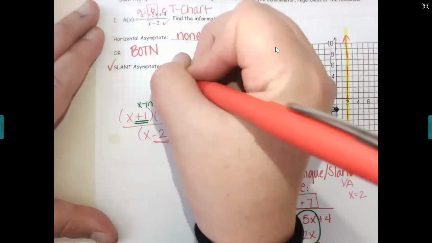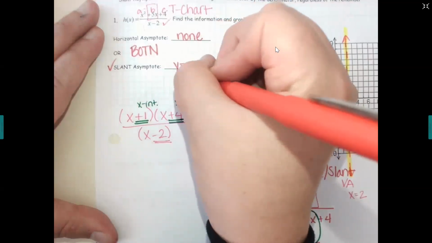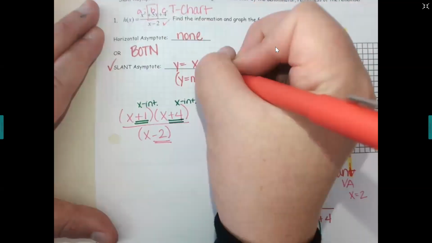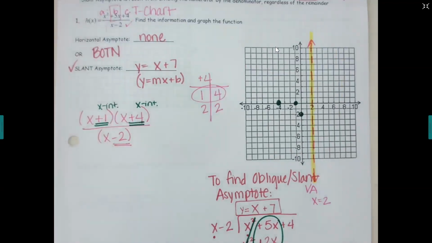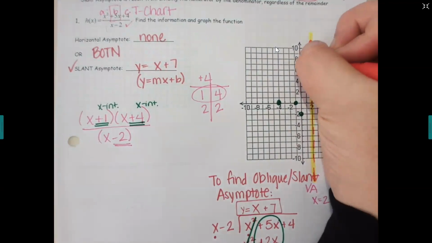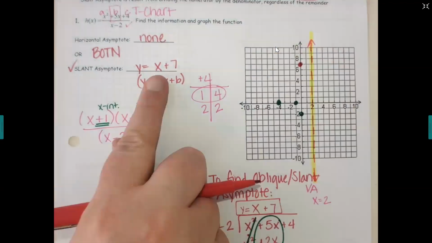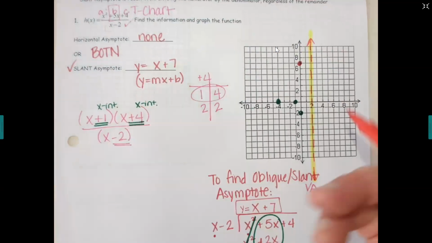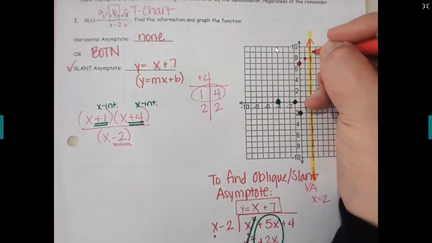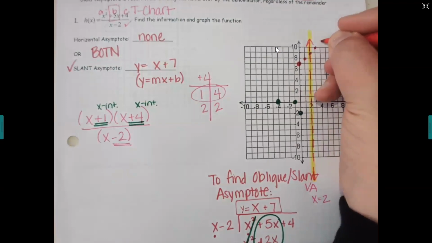And remember, that's a regular y equals mx plus b that the ends of your graph are going to get closer to. So where should I start on the y-axis? What number? If it's x plus 7. Start at 7, and then what's my slope? If x is like this, just alone. 1 over 1. So I'll go 1 over 1, 1 over 1, and so on.